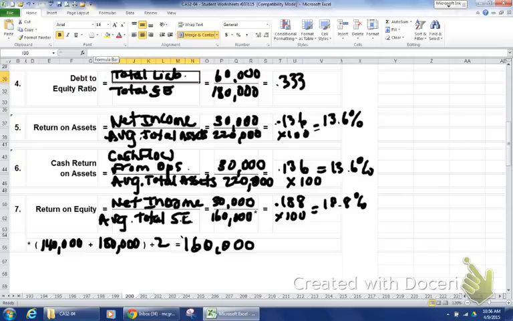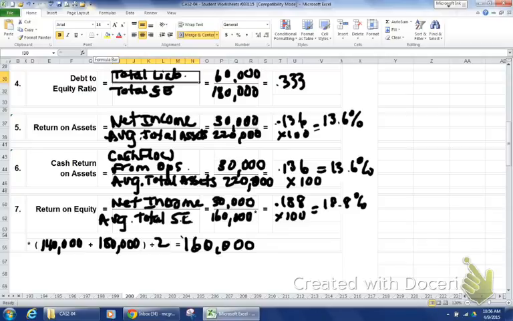This is basically measuring whether a company earned a favorable return for its stockholders. We basically always want our return on equity to be greater than our return on assets. And in this particular case, we do see that our return on equity is greater than our return on assets.